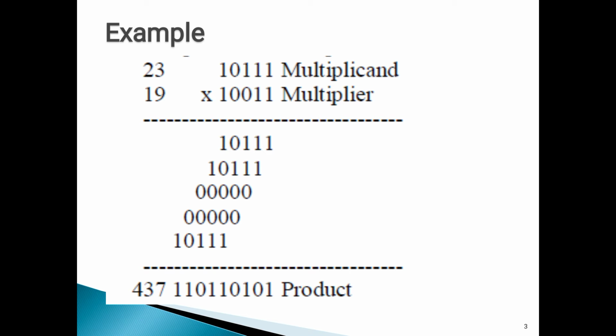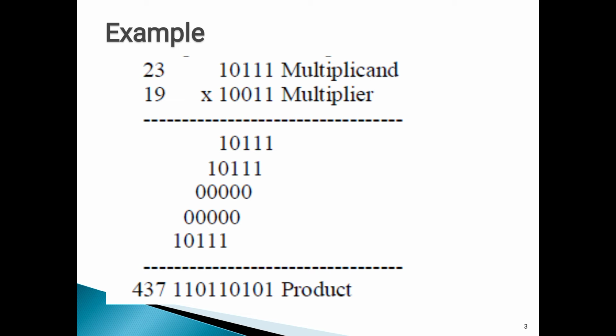After completion of this process, we add all the partial products. So I think this is the final product or final result of 23 into 19.